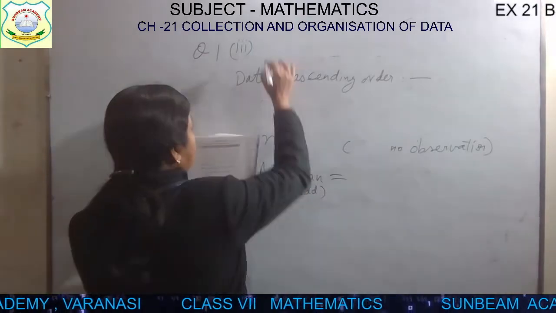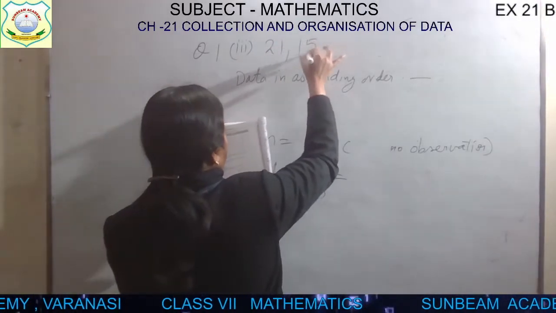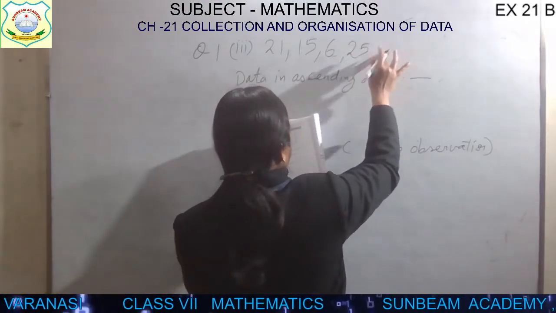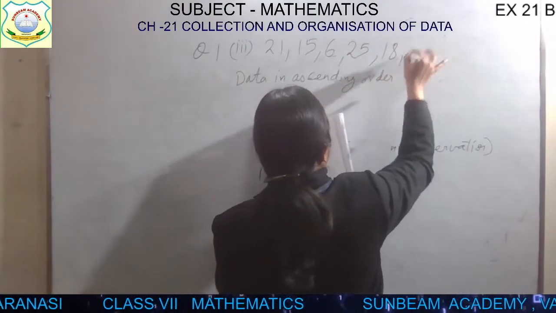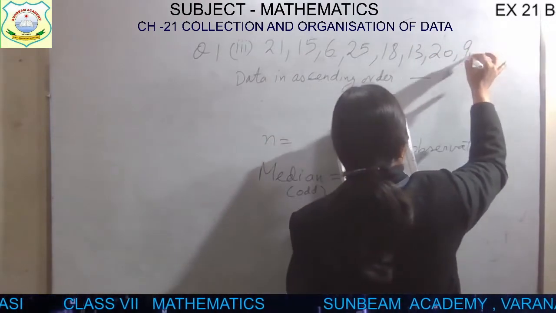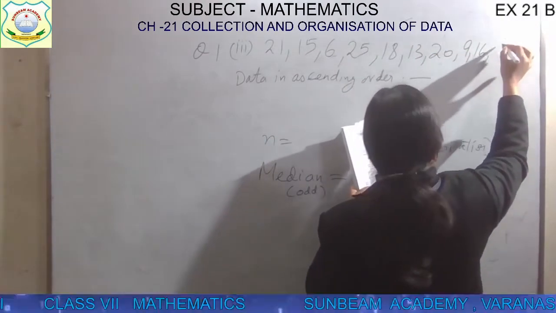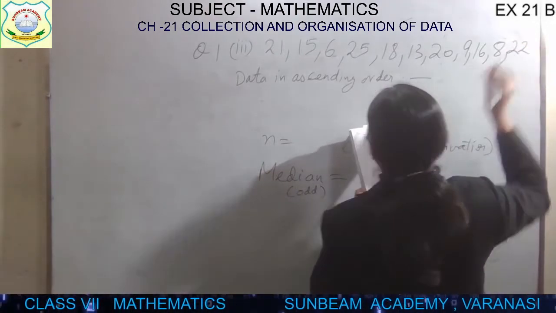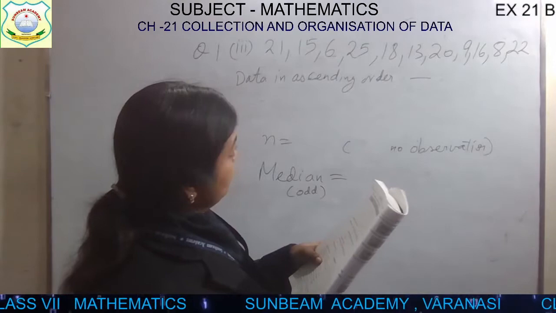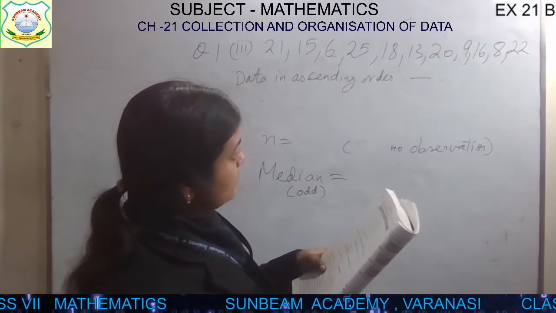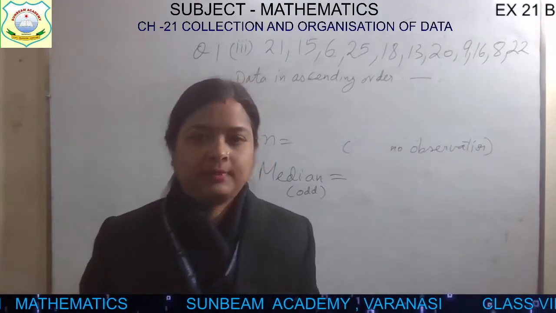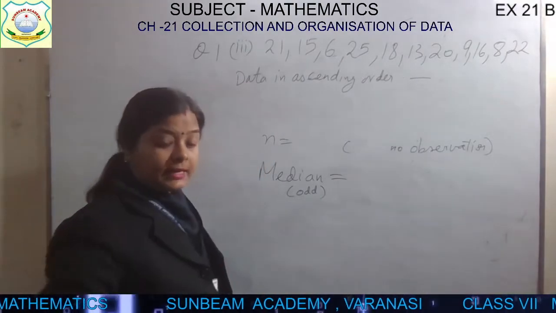The data is 21, 15, then 6, then 25, then 18, 13, 20, 9, 16, 8 and 22. ठीक है? 21, 15, 6, 25, 18, 13, 20, 9, 16, 8, 22. Yes, correct.